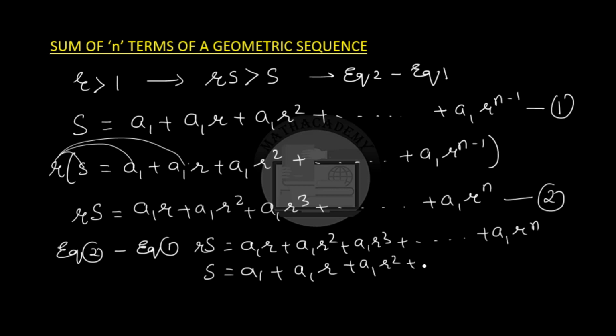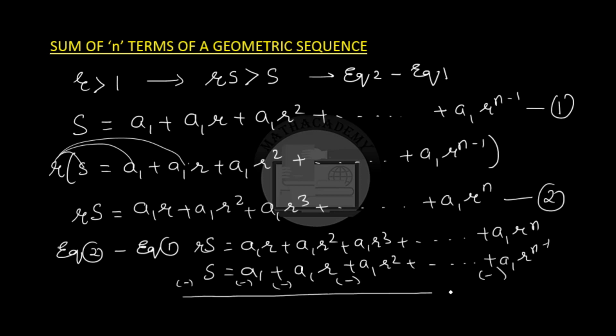Whenever we subtract terms like this, we have to change the sign of the subtrahend. So all of these terms become negative, and when we subtract, on the left hand side we get rs minus s, and the middle terms cancel off and we are left with a positive a1 r to the power n from equation 2 and a negative a1 from equation 1.